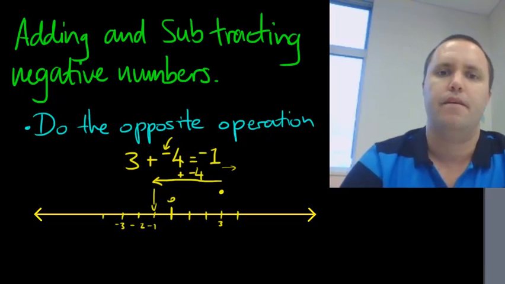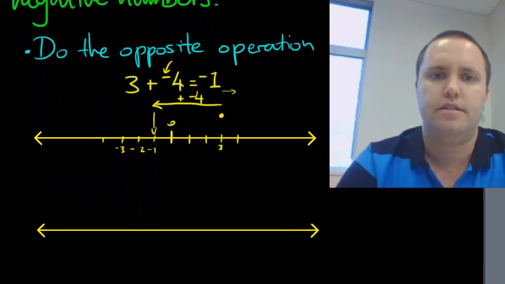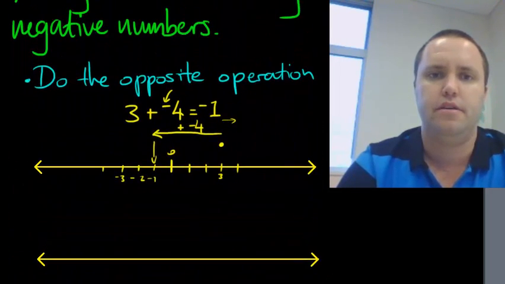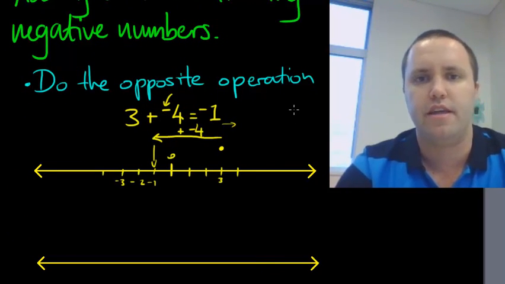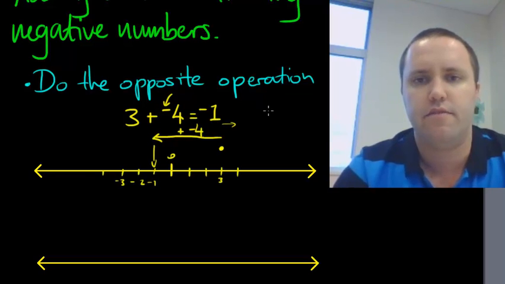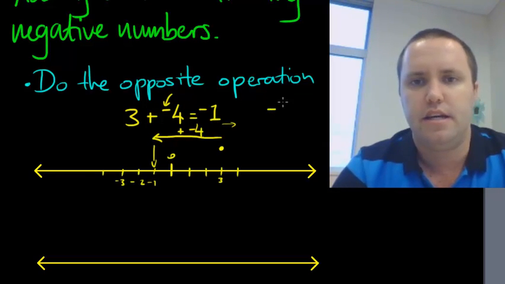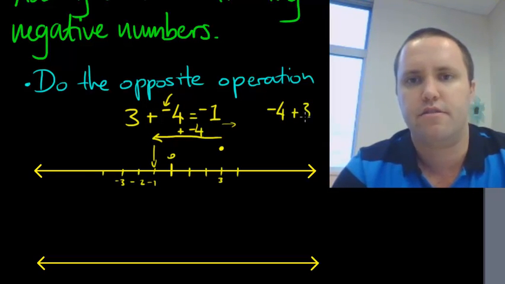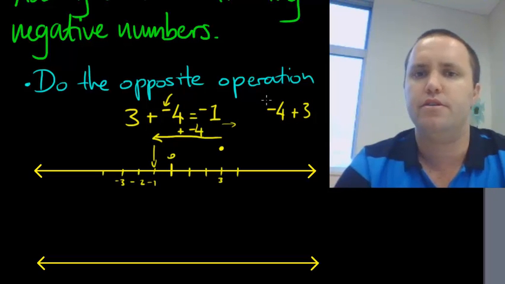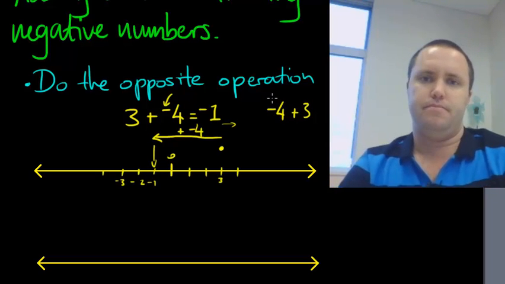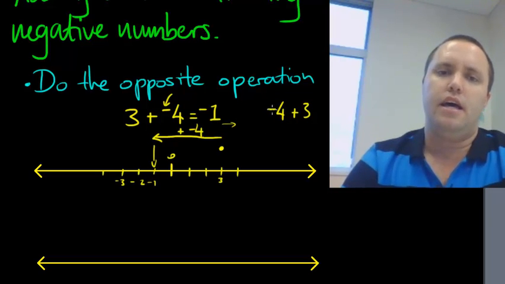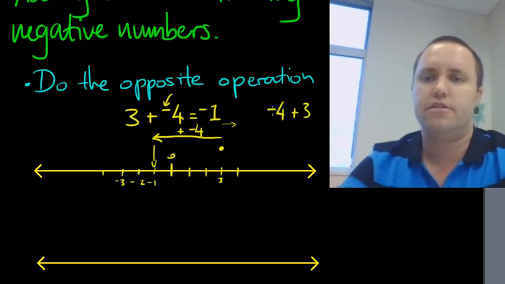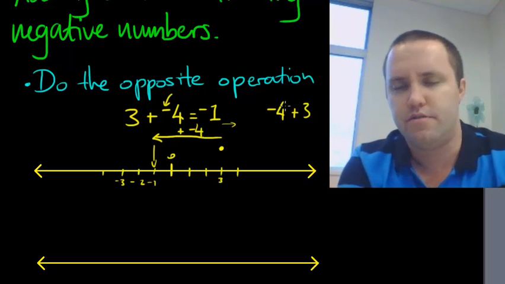Okay? Right. What about, though, it's important that you don't think that this is the same, like if we had negative 4 plus 3, right? Just because the negative 4 is here, you're not going to do the opposite operation.